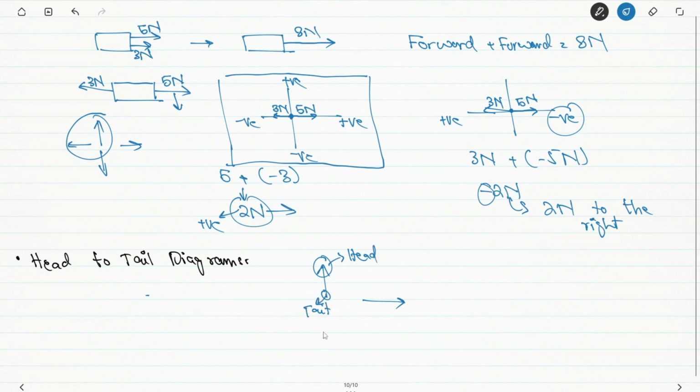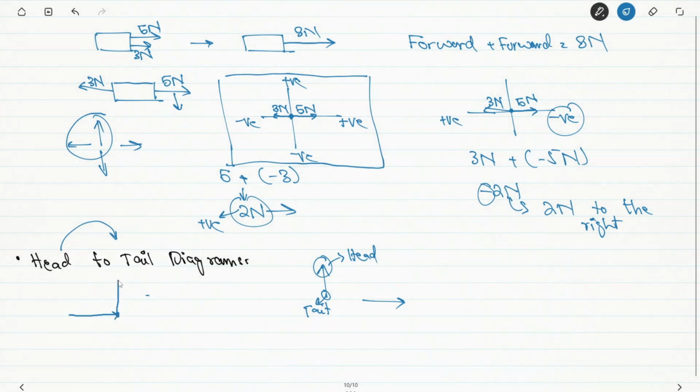Now what you want to do is first draw any force you want. Let's just draw the horizontal one, and I can show you what happens if I draw the vertical first, and the answer remains the same. So we drew this here, and now from its head, right, its head to tail. So from the head of the first one, the tail of the second force starts.